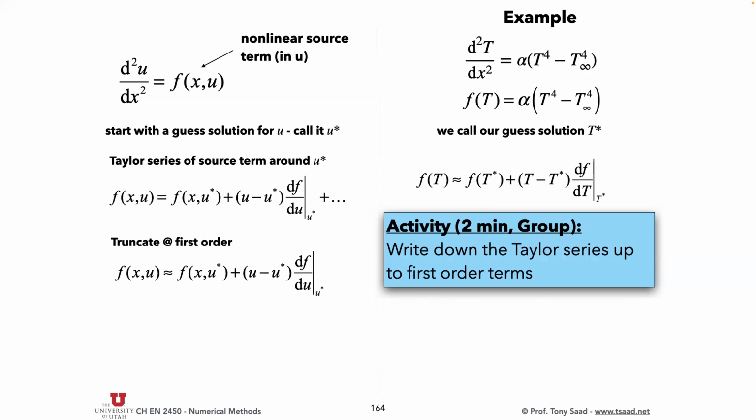What you did earlier was similar to this, but you're missing this for alpha t. Now all the terms to the power 4 or cubed are on t star, which you know. So t star to the 4 is a constant, just like t infinity to the 4, just like t star cubed. You only have t as the unknown on the right-hand side, which makes it linear.